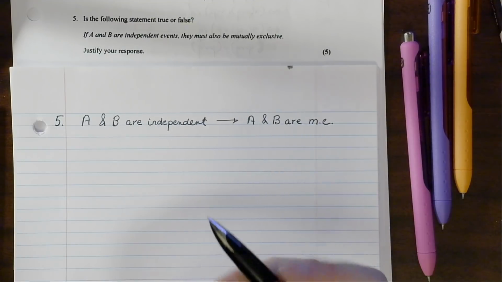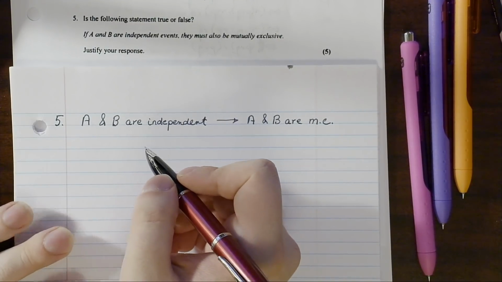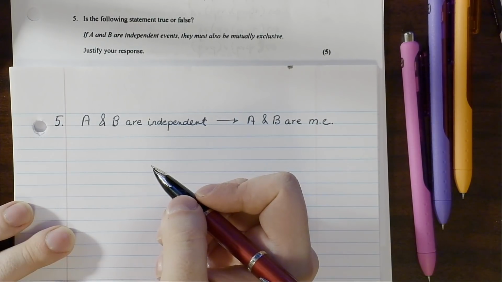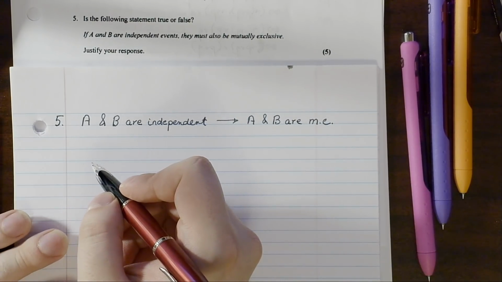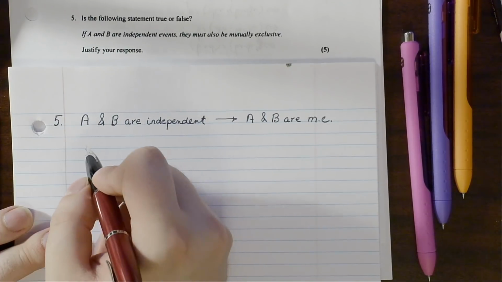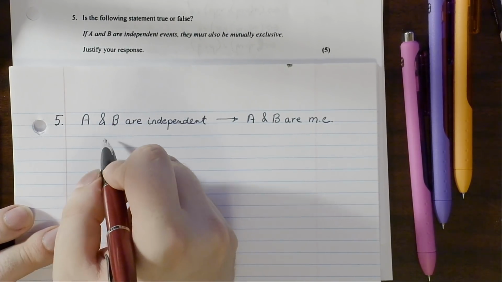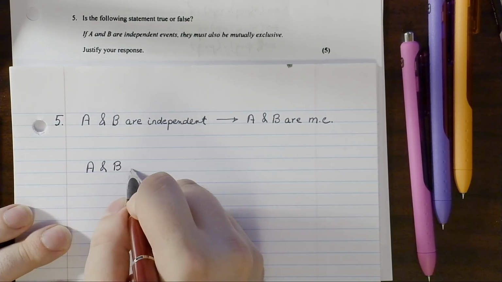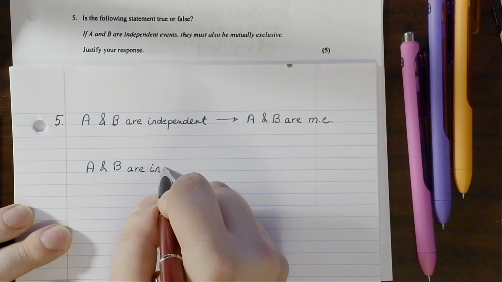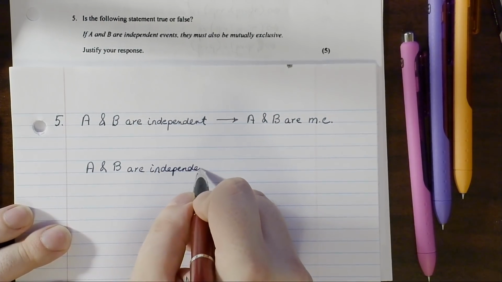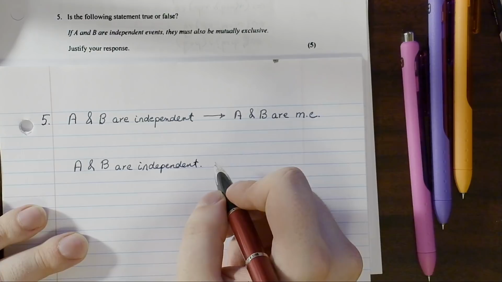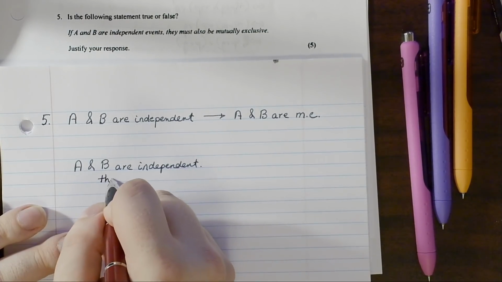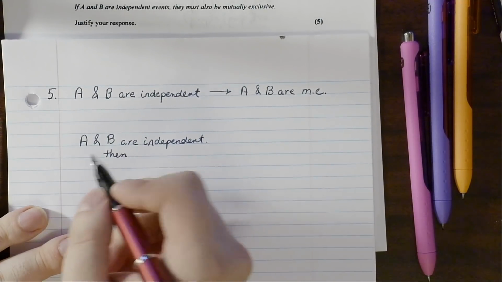So let me think about that. So this means that if A and B are independent, so we're given that A and B are independent, then we have a formula that we can use for that.